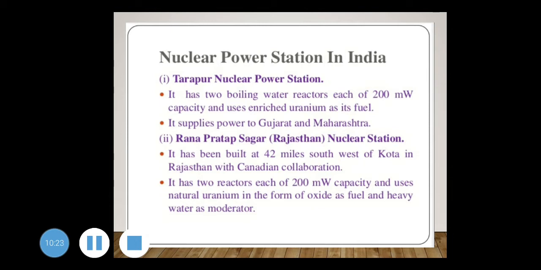Now the second one is the Rana Pratap Sagar nuclear power station, placed in Rajasthan. It has two reactors, also of 200 megawatt capacity, and uses natural uranium in the form of oxide as fuel and heavy water as a moderator.